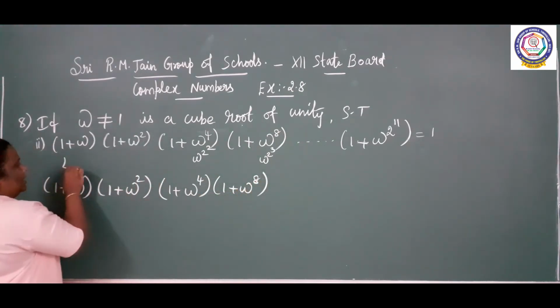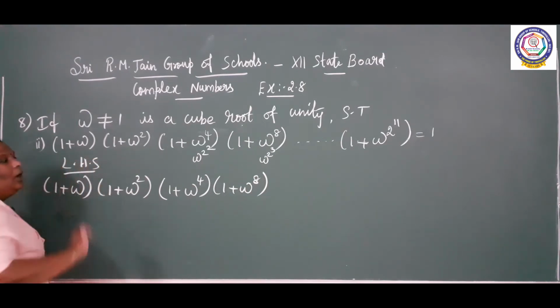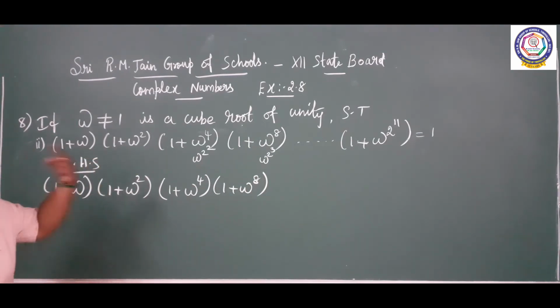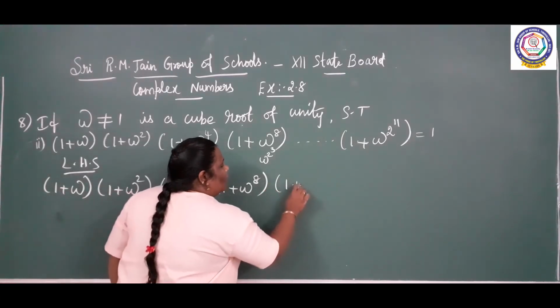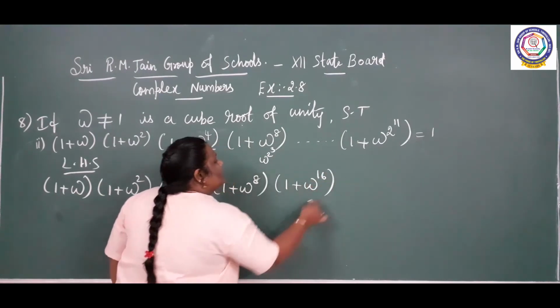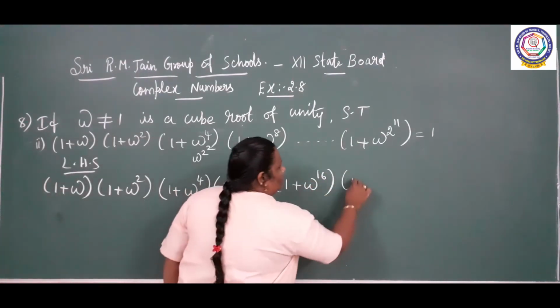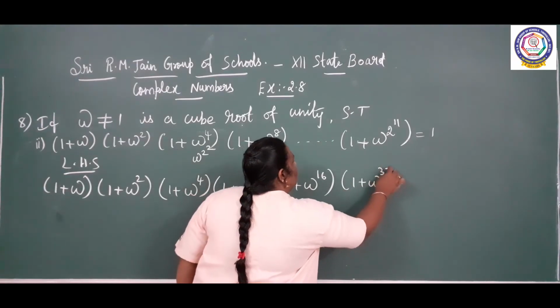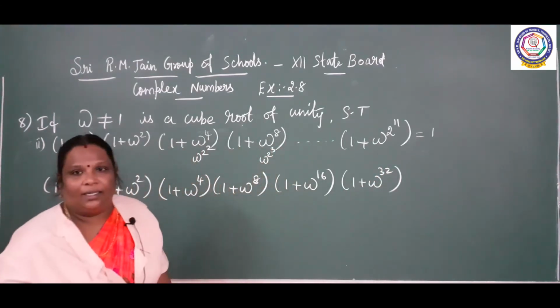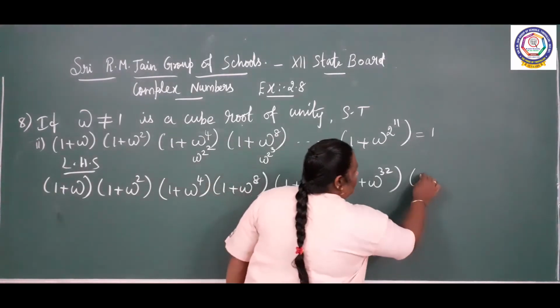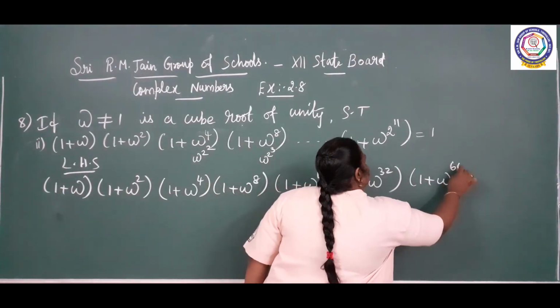I can take it as the LHS. I will write the LHS value. 1 plus omega power 8. What is the next one? 2 power 4 means 1 plus omega power 16. Next 2 power 5, 1 plus omega power 32. Next 1 plus omega power 64.